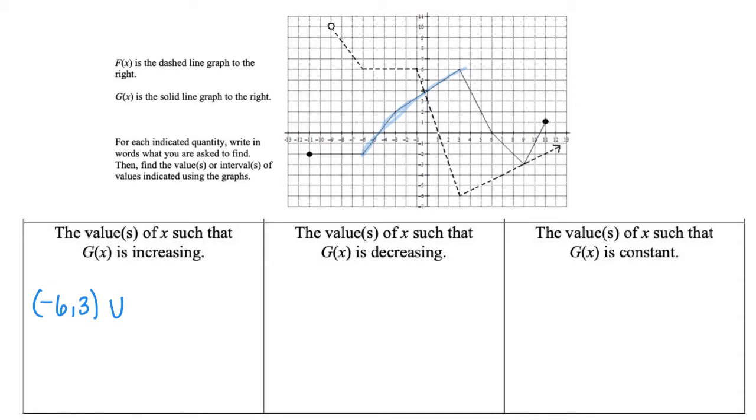And then a union, and then you're increasing again from 9 to 11. So that's where these numbers are coming from. And then areas where you're decreasing, that's going to be from 3 to 9. And then where g of x is constant, that's going to be from negative 11 to negative 6. Okay, moving on.